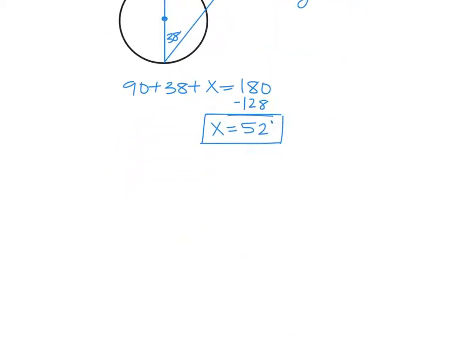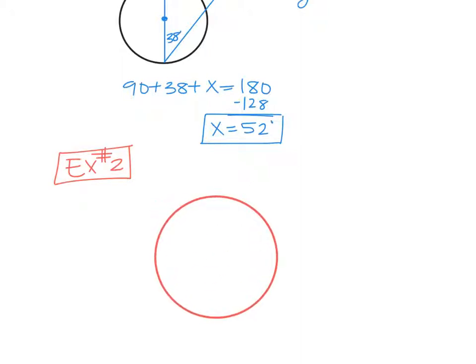So this is example 2. You're going to start with a circle. And I'm going to apologize in advance that this is not drawn to scale, but I will do my best.